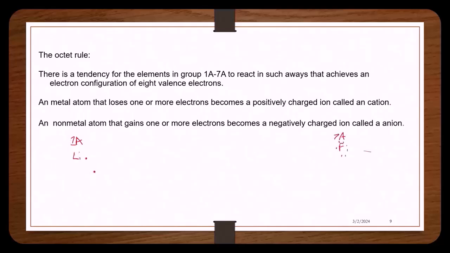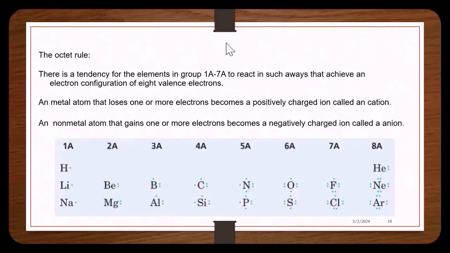The best way for lithium to reach a full valence electron configuration, where the outer shell is filled, would be to lose an electron, and fluorine would assume a filled valence electron configuration of 8 valence electrons by gaining an electron. A metal atom that loses 1 or more electrons becomes a positively charged ion called a cation. A nonmetal atom that gains 1 or more electrons to become a negatively charged ion is called an anion.